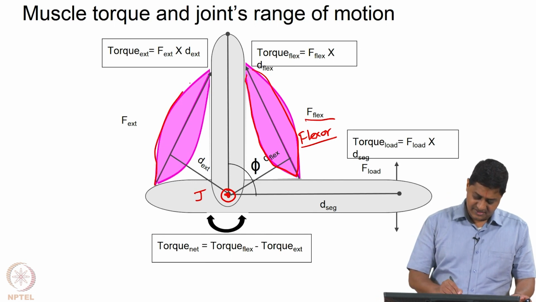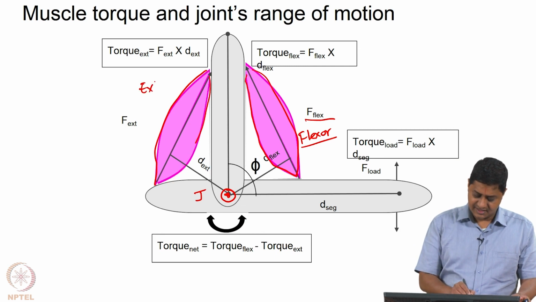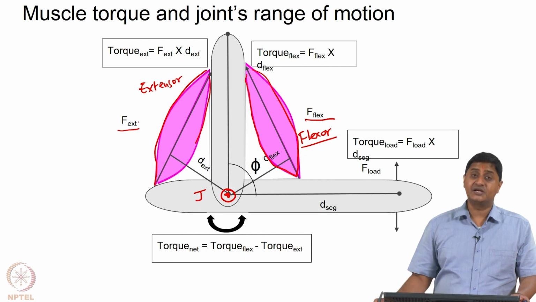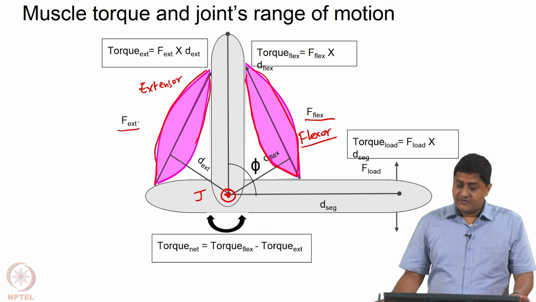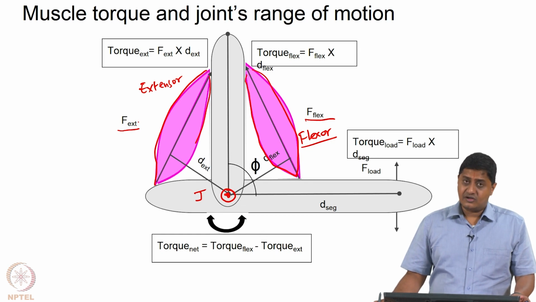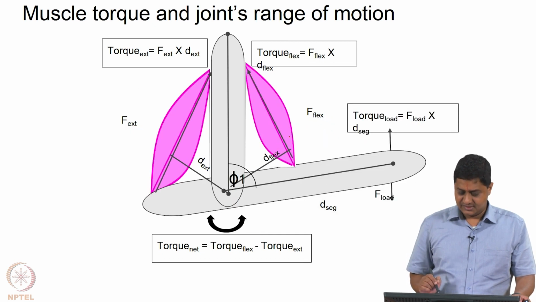The other muscle is this, which is called the extensor, and the force produced by that muscle is F ext. If the flexor contracts, then this will reduce, is it not? Something like this situation will happen.